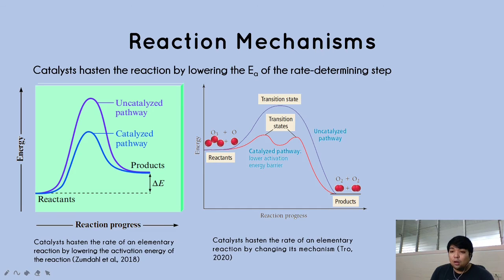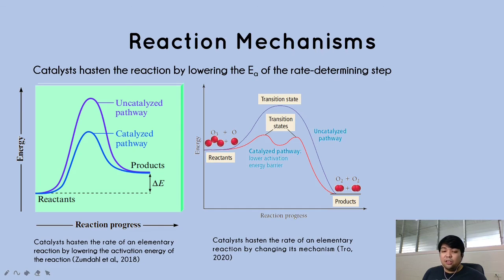If you see it here, an uncatalyzed reaction for the decomposition of oxygen will proceed as a single step. However, when you add a catalyst, let's say chlorofluorocarbon, because usually chlorofluorocarbons are the ones that catalyze the decomposition of oxygen by catalyzing this step.